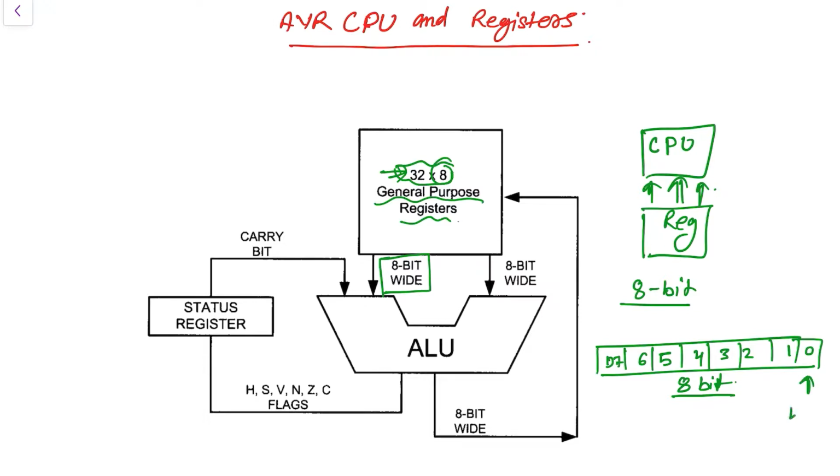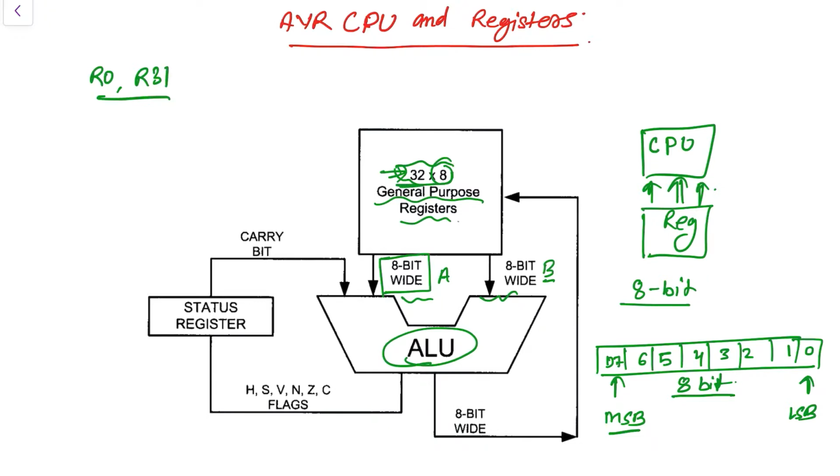Here this is the LSB, as you might know, and this one is the MSB. Once the ALU performs an operation on these registers, say registers A and B, these registers can be assigned from R0 to R31.